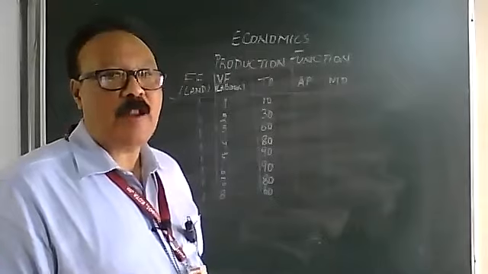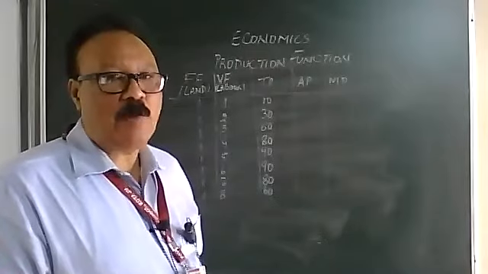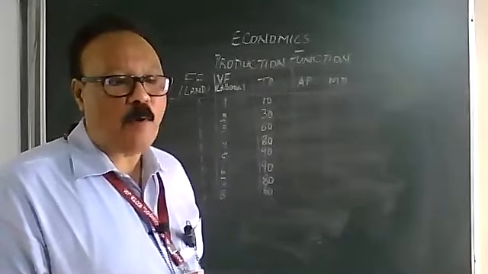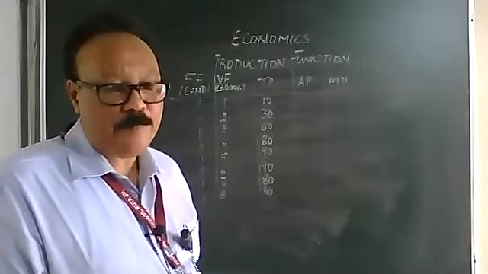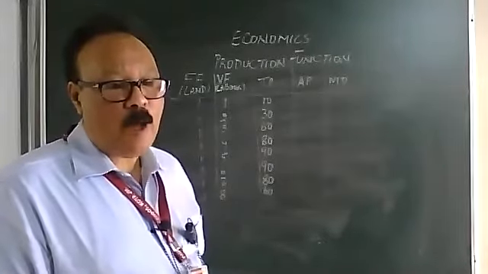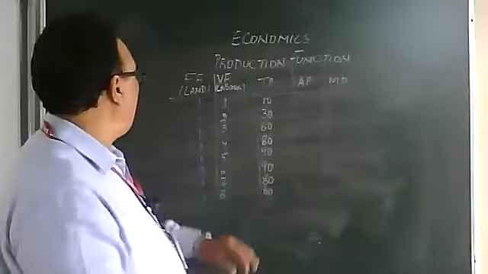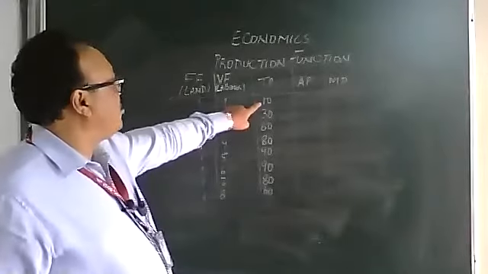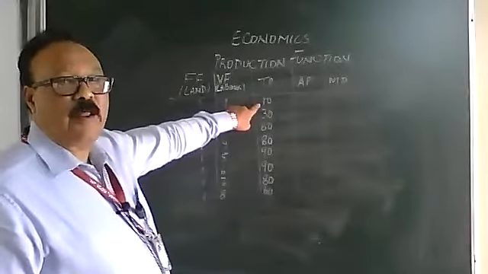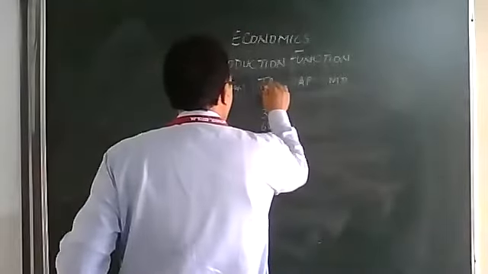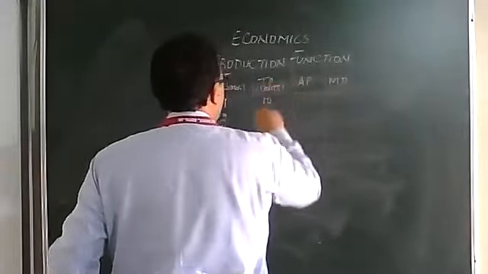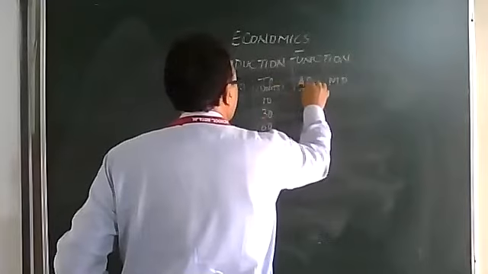We have 1 acre of land, and on that 1 acre of land, we are employing the variable factor, which is labor. First, we employ one labor on that. We are able to get the total production of 10. Let's say these are all units.